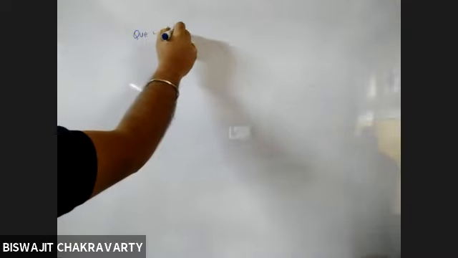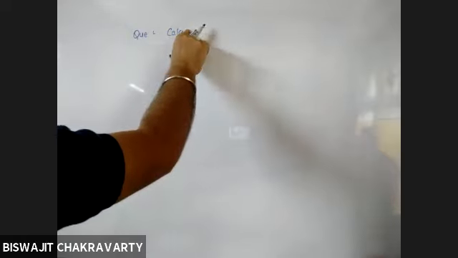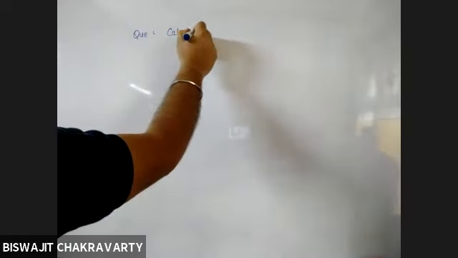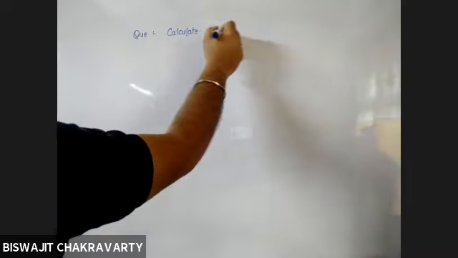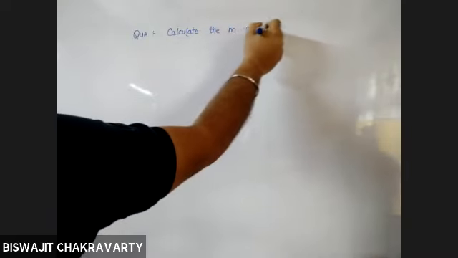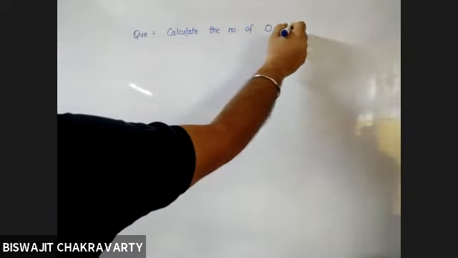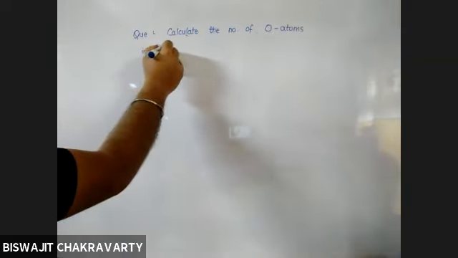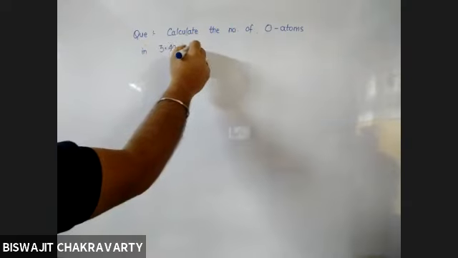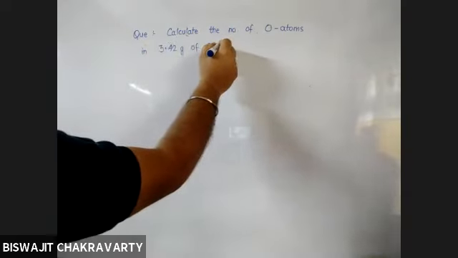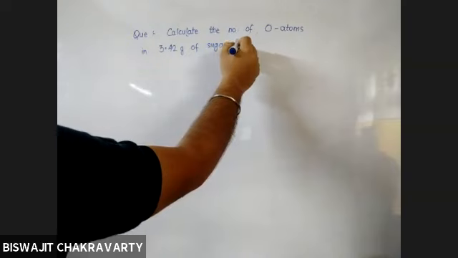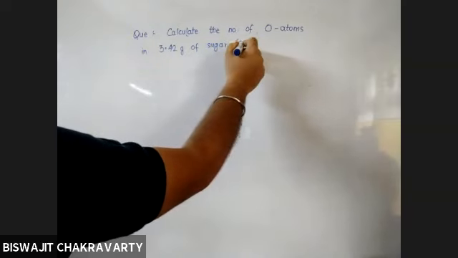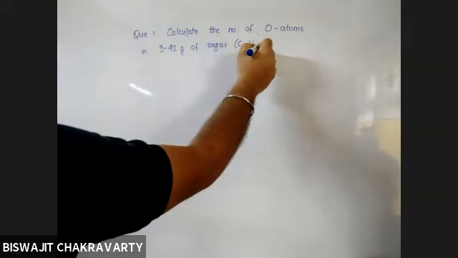Write: calculate the number of oxygen atoms in 3.42 grams of sugar whose formula is C12H22O11.